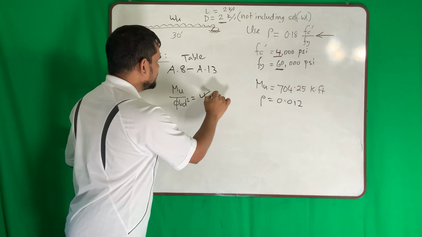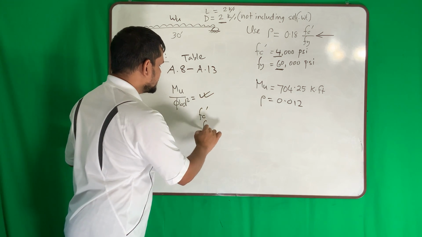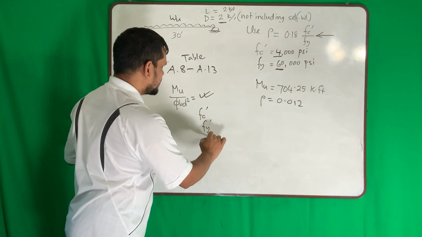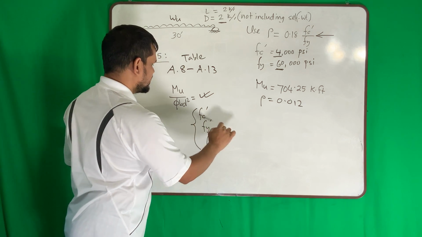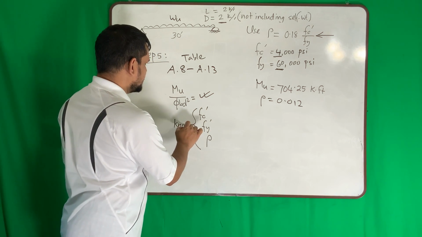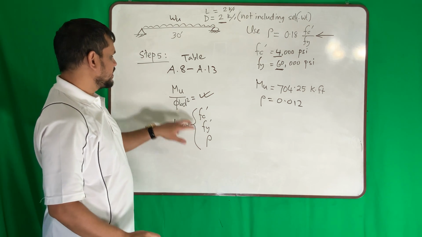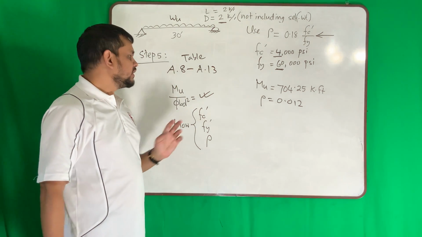They give this value for different f prime c, fy, and rho. If you know this, you can find this value in your book.